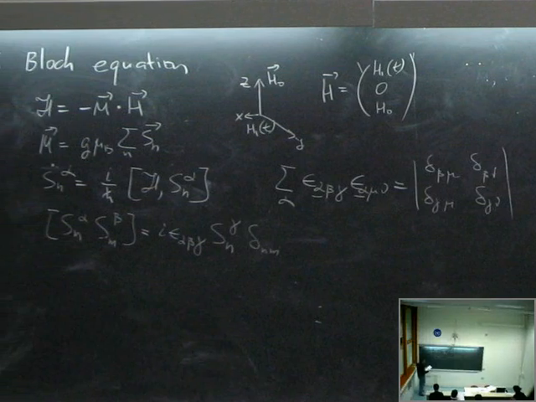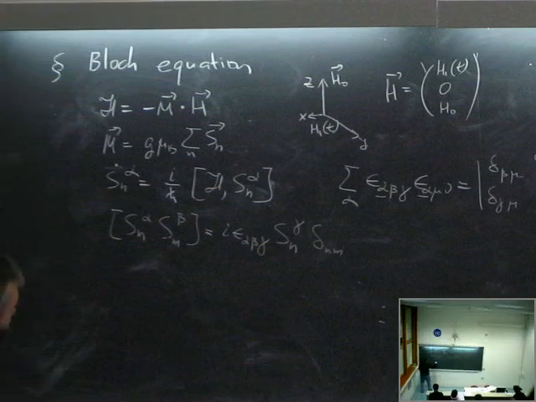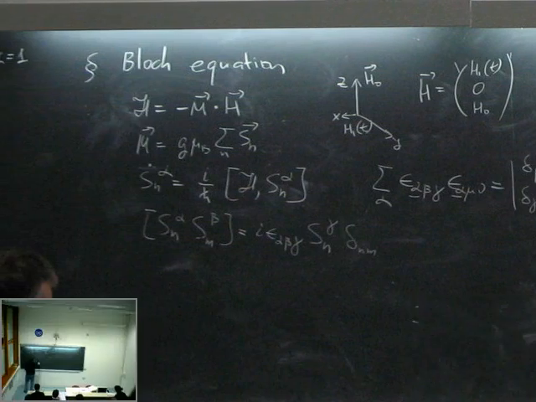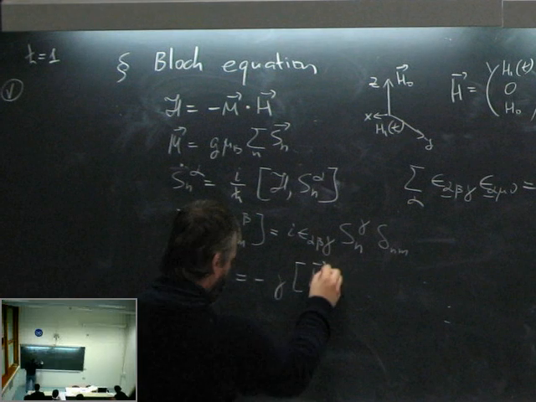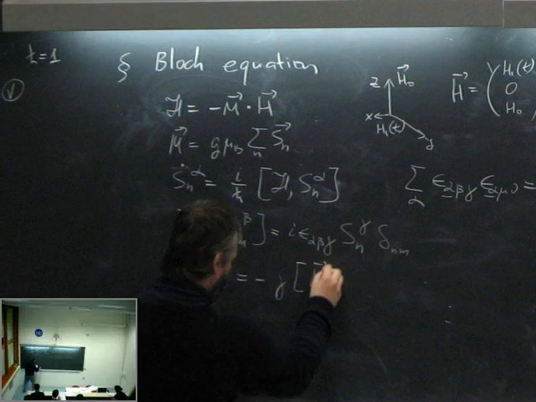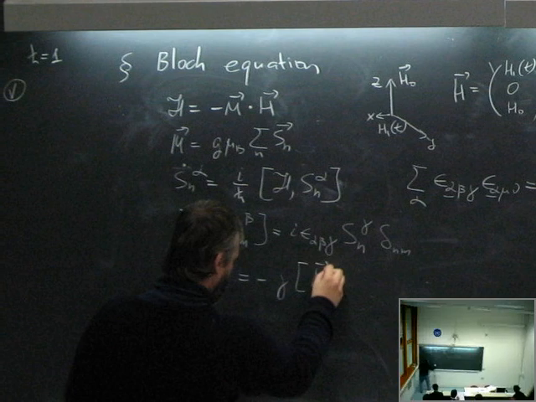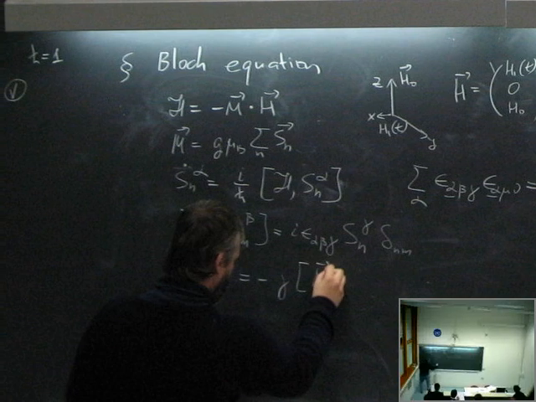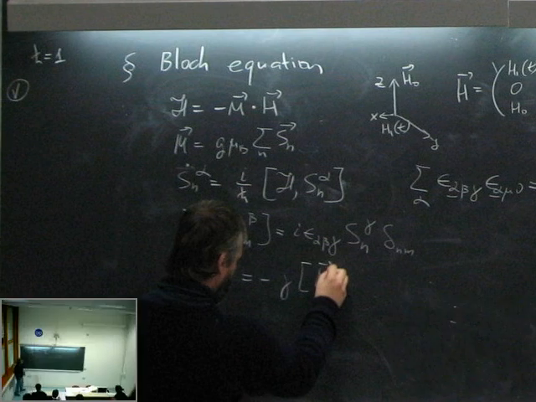So, if you do it, then you arrive at an equation which tells you that m dot is equal to minus gamma m cross h, where gamma is equal to Bohr magneton times g divided by h-bar.